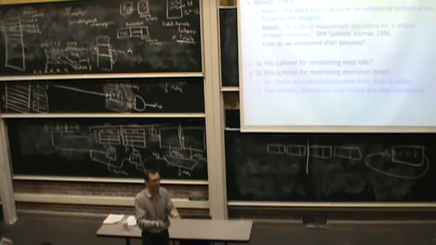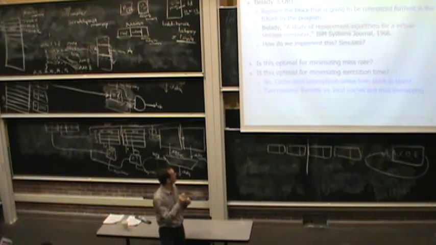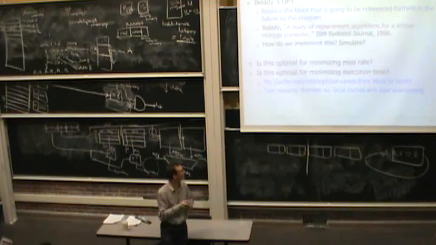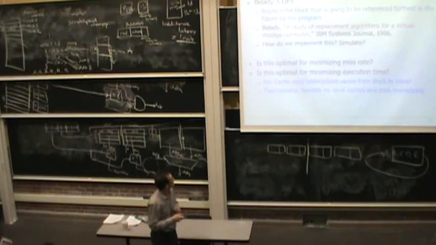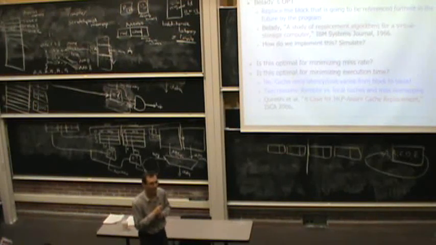We didn't cover prefetching, but prefetching is the idea of generating the request before the processor needs it. Okay. And this paper that we had written a while ago showed that when you take latency into account, this is really not optimal. So optimizing for this may be optimizing for the wrong thing anyway.